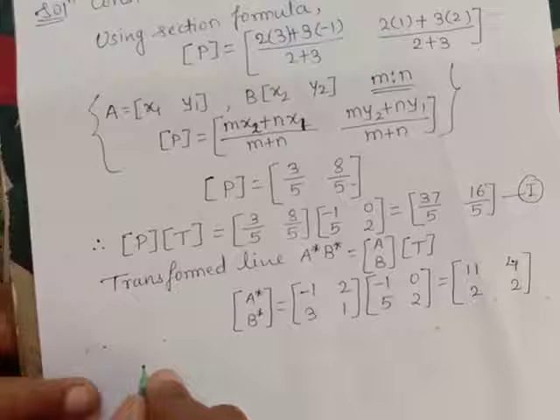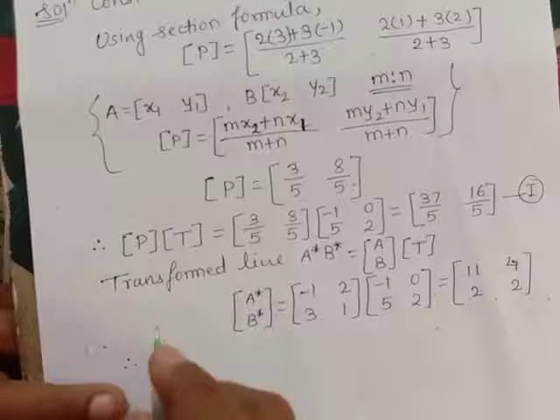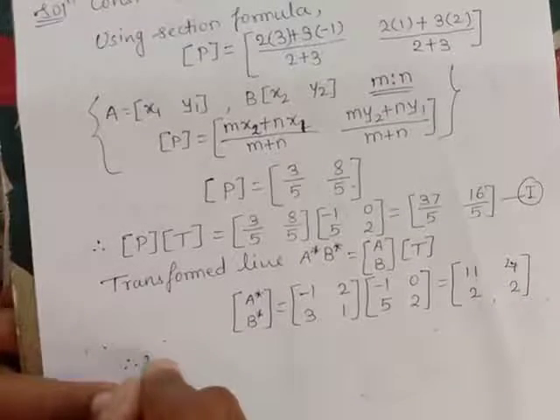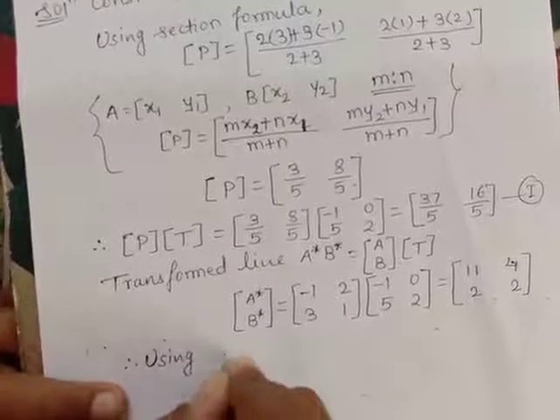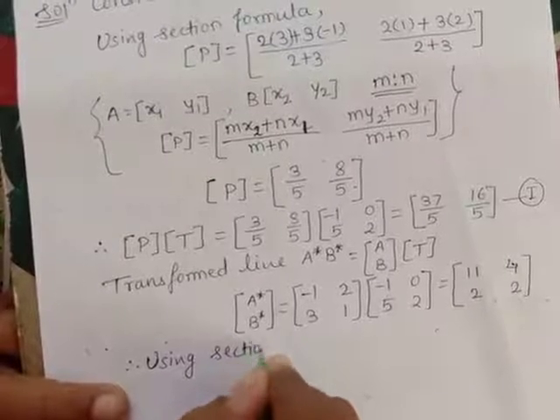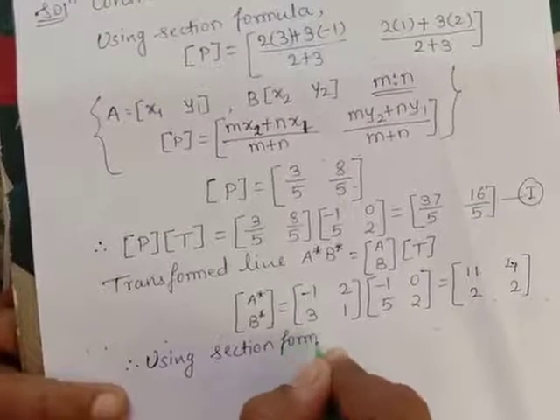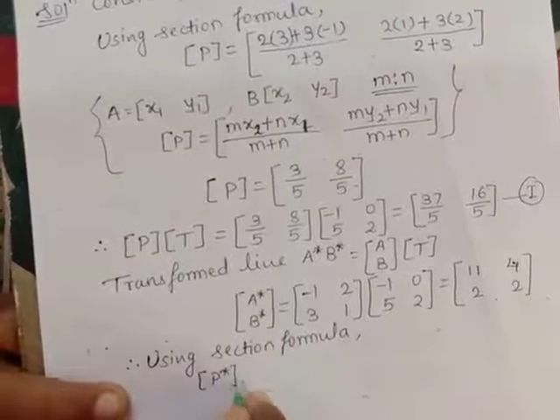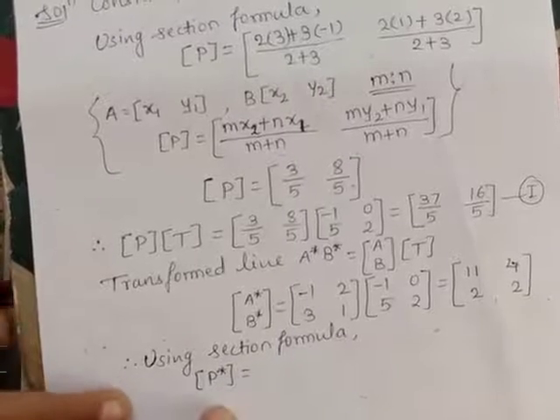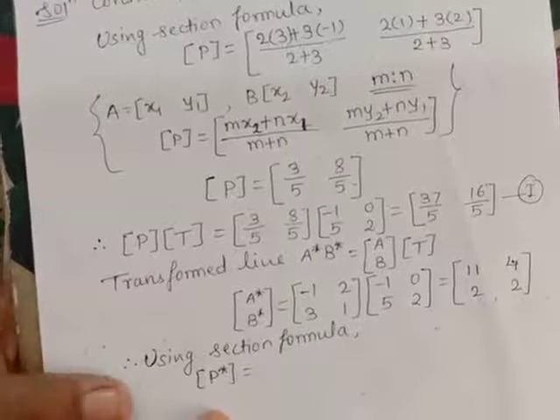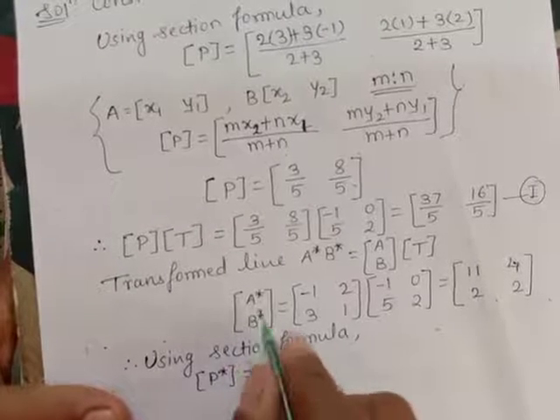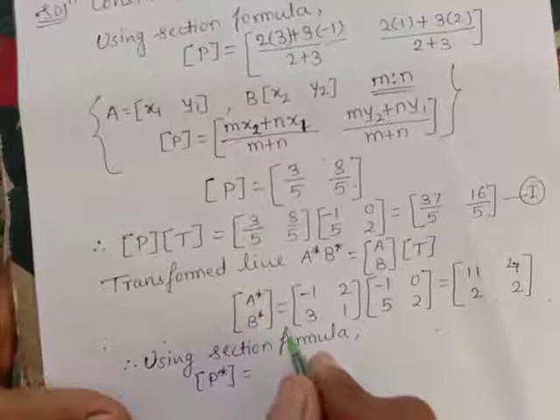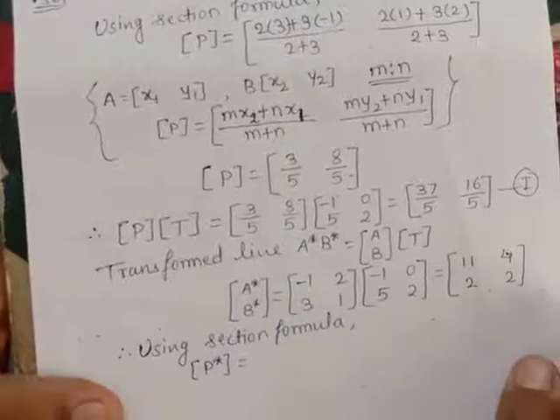Therefore, again let's use the section formula for P star. P star will be the transformed point, or a point on line segment A star B star which divides the line segment A star B star in the ratio 2:3.